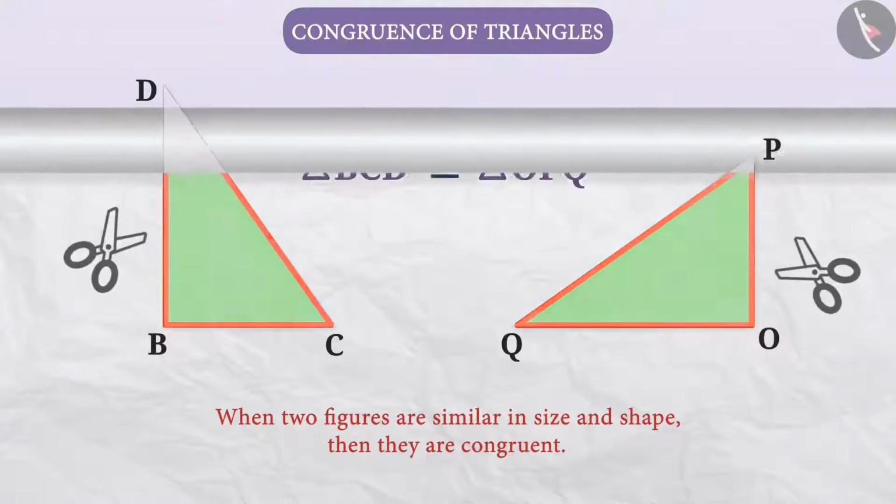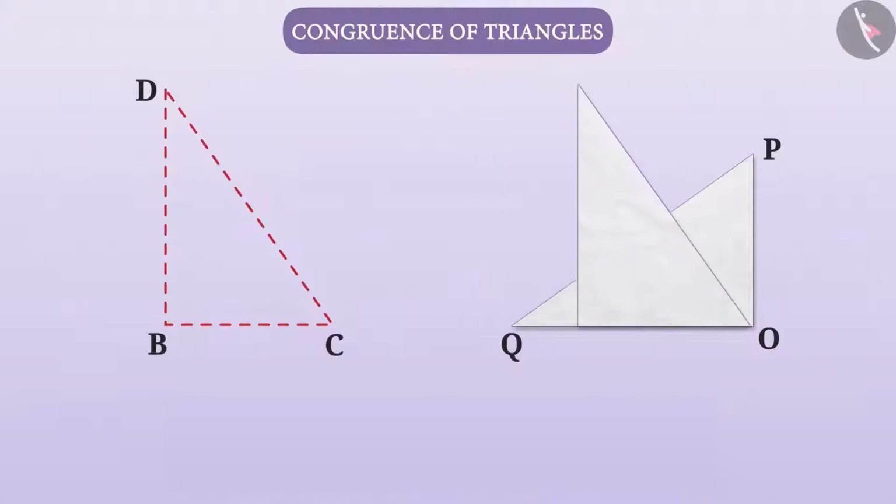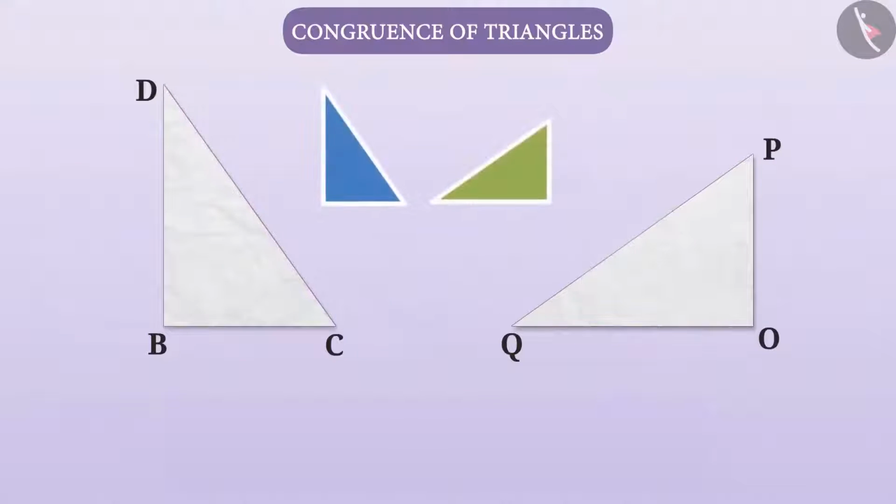If we cut these triangles, then their congruency can be checked by placing them one on top of the other. But we cannot place them one on top of the other as we wish. We also have to adjust them properly, keeping them one on top of the other so that they cover each other accurately.